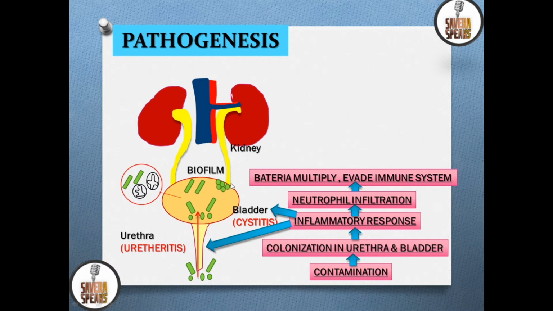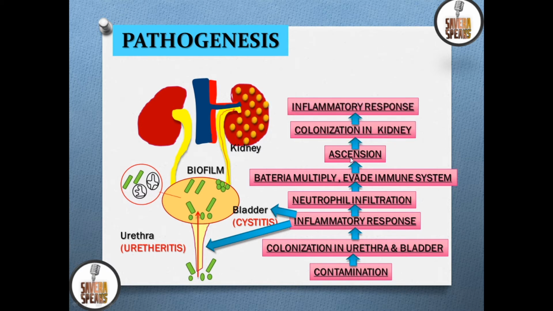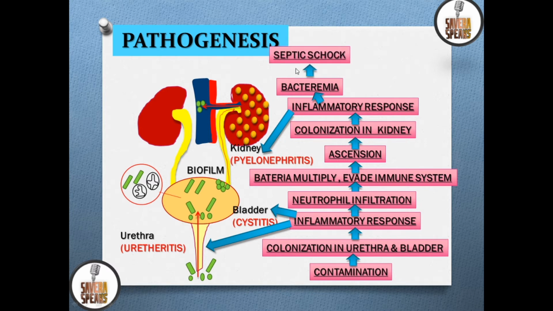If they survive, they ascend through the ureter into the kidney, and here again they colonize, and colonization triggers an inflammatory response. The inflammation in the kidney is called pyelonephritis. So cystitis, urethritis and pyelonephritis occur through these steps. Now these bacteria in the kidney can go through the renal vein into the systemic circulation and cause bacteremia, which leads to severe complications such as septic shock.